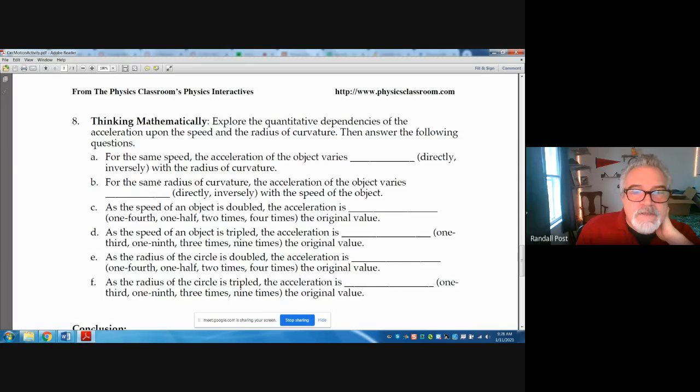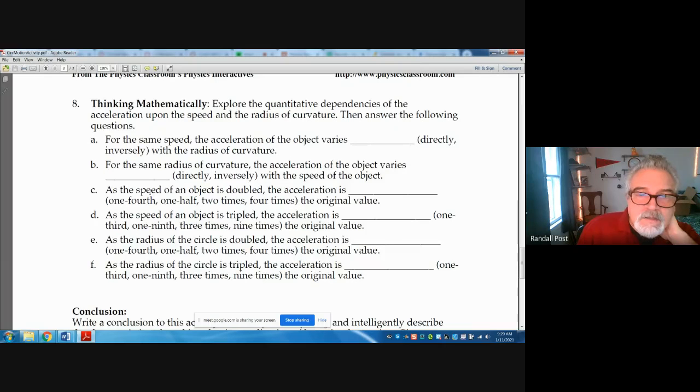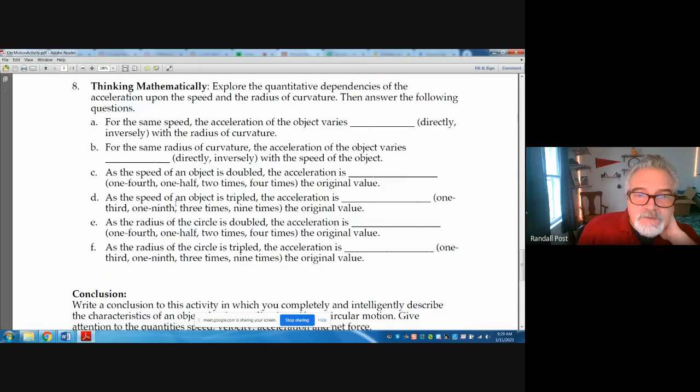For part B, keep the radius constant and tell me when you move the speed up and down, what happens to the acceleration. Part C, if you double the speed, what happens to acceleration? Part D, if you triple the speed, what happens to the acceleration?